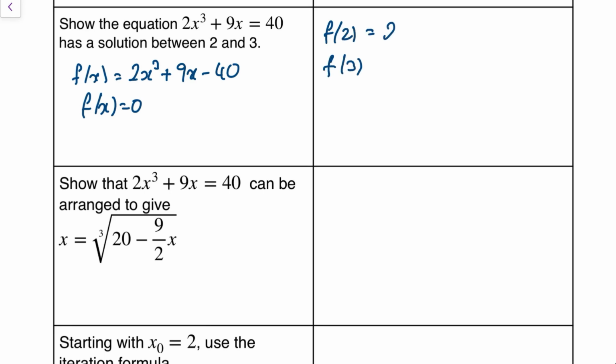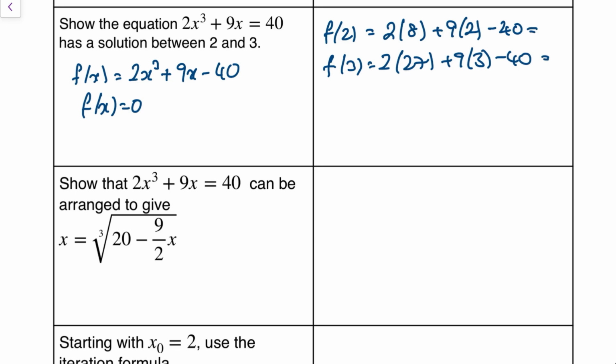So f of 2 is 2 times 2 cubed, which is 8, plus 9 times 2, which is 18, minus 40. And f of 3 is 2 times 3 cubed, which is 54, plus 9 times 3, and then take away 40. Then I'm going to calculate both of these things. So this first one here is minus 6. And this second one is a big number, but it is nevertheless a positive number, 41.